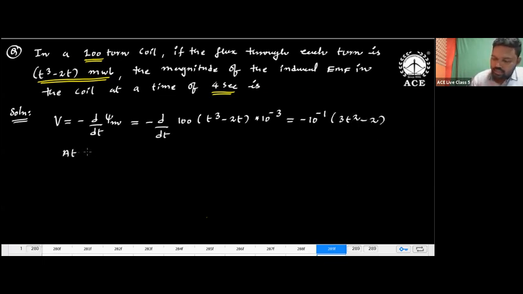Substitute at time T equal to 4 seconds. So here it is minus 10 to the power of minus 1 into 3 into 4 square minus 2, which is minus 4.6. Here we just need the magnitude, beta. 4.6 volts is the answer.